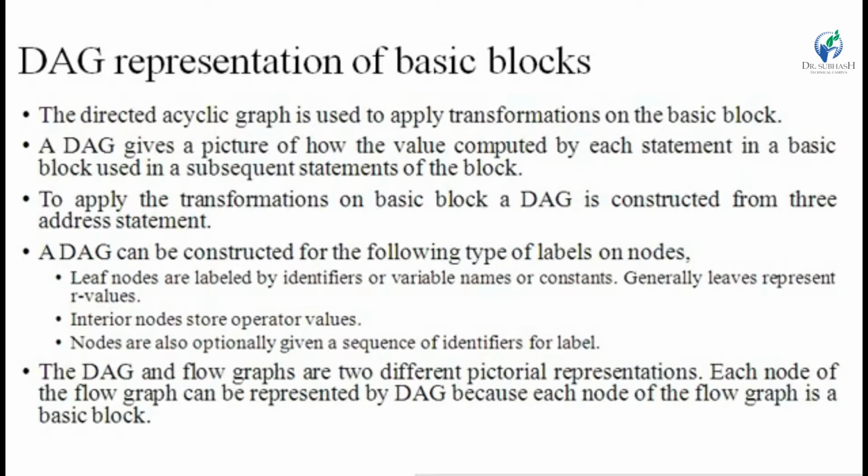The 3 address code for this is sum equal to 0 and i equal to 0. These 2 initializations go into block B1. Then the rest of the process goes into block B2.